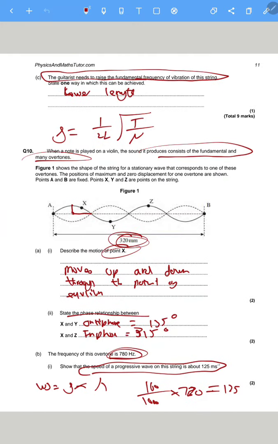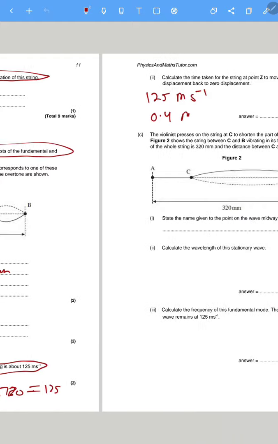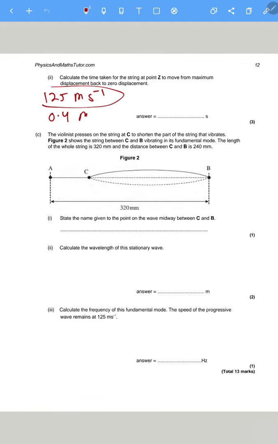Yeah, because I just did that one. So the time taken to move 0.4 meters. Speed equals distance over time. So distance over speed, 3.2 times 10 to the minus 3.